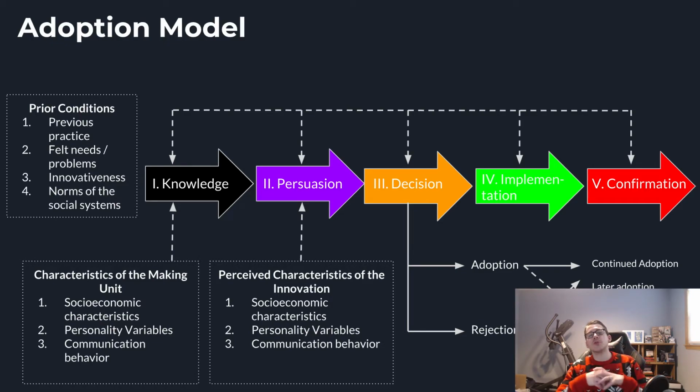How do we persuade individuals to do a certain thing? And then once we persuade them, how does their decision-making process work? And can I implement certain stages if individuals adopt our practices or if individuals reject our practices? Those are big picture things that you don't need to think about right now.